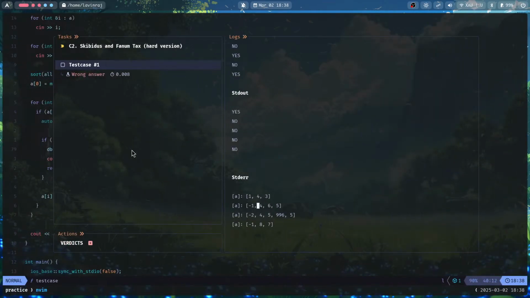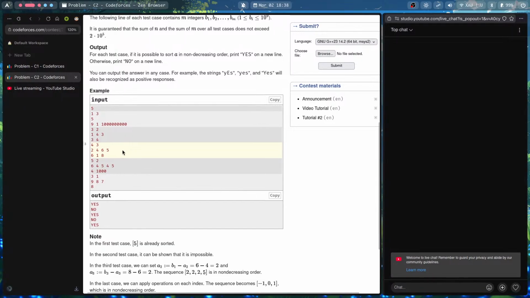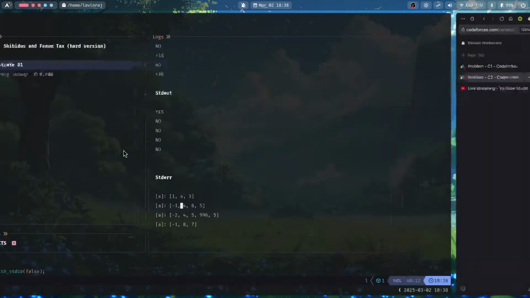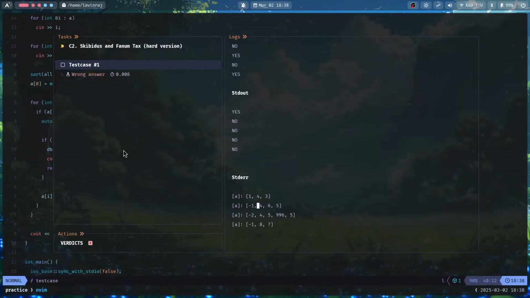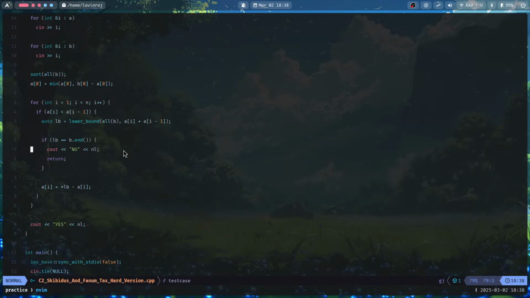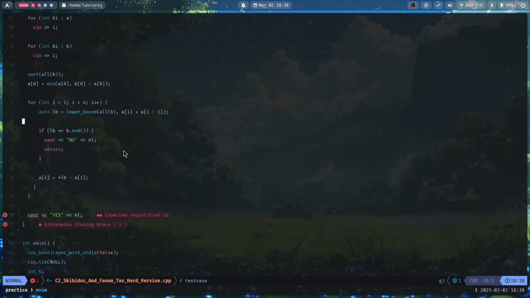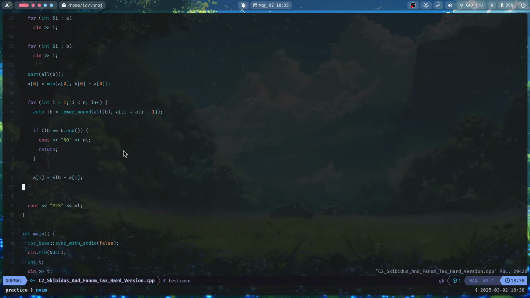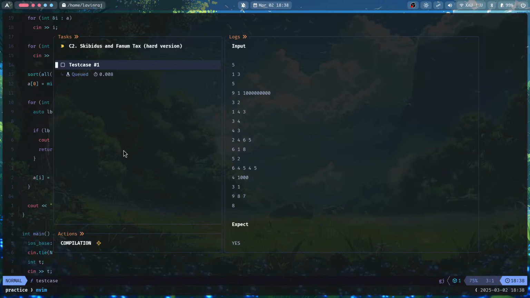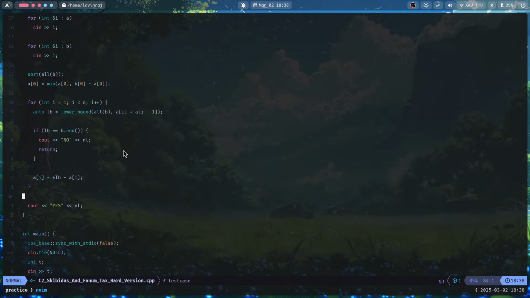We have a 4. So wait a minute. I think we should do that for all of the elements, not for the decreasing ones. Let's see. Okay, you got accepted.